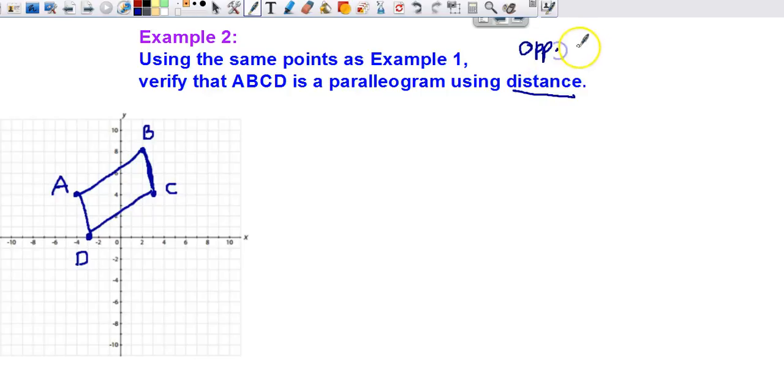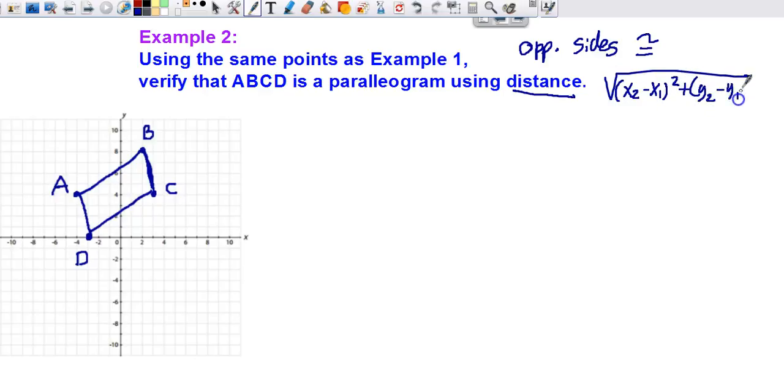Remember, that's our goal here. We want to show opposite sides are congruent with distance because that's a length. So the distance formula: square root of x2 minus x1 squared plus y2 minus y1 squared.